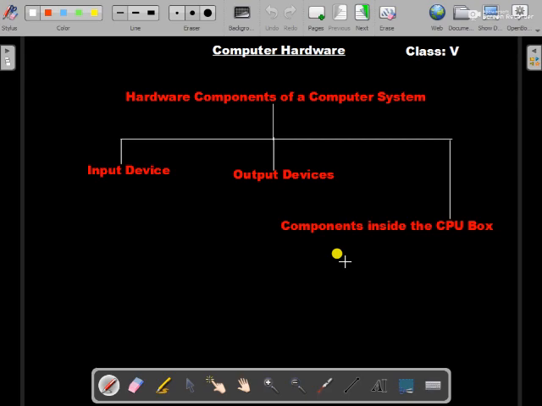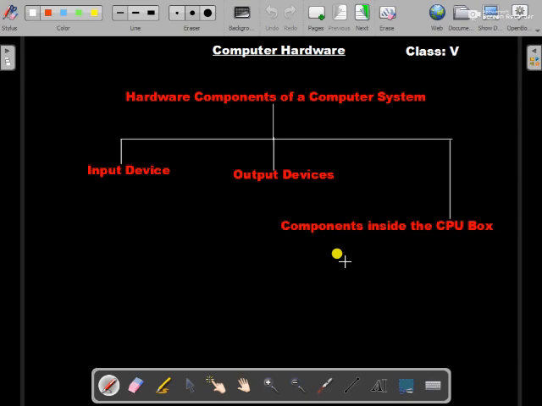Also, there are other components that can be seen partly from outside. So, in this chapter or in this topic, you will learn about various hardware components that make up a computer system.